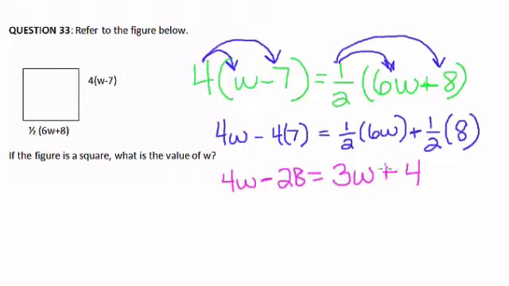Almost done. Now I see two sides of this equation. We've got a coefficient and a variable here, just a number, and then another variable with a coefficient and a number. So I want to combine like terms. I'm going to try to get all of the variables on one side and all of the numbers on the other side. All right.